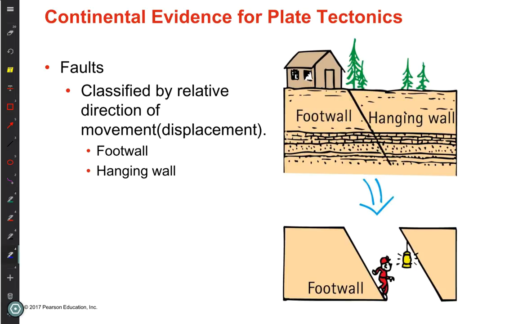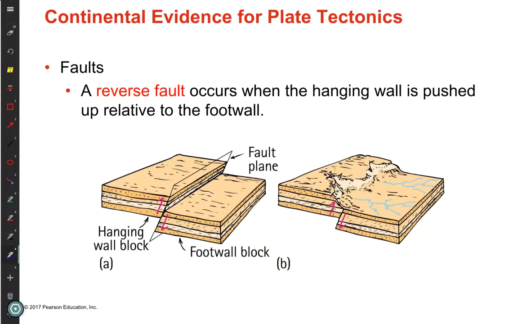So that's what the picture here is illustrating with the man walking on the footwall. The footwall is the one that is upward facing. The one that's downward facing is the hanging wall. So it has the light here to show that you could hang something from the hanging wall. So when we have a fault, the footwall and the hanging wall are kind of easy to define.